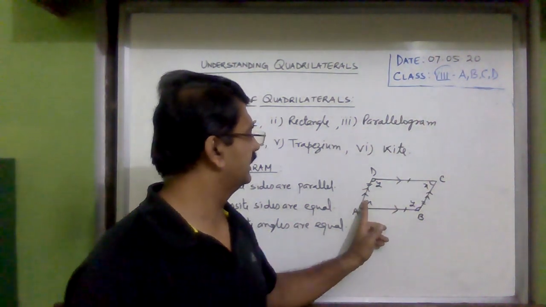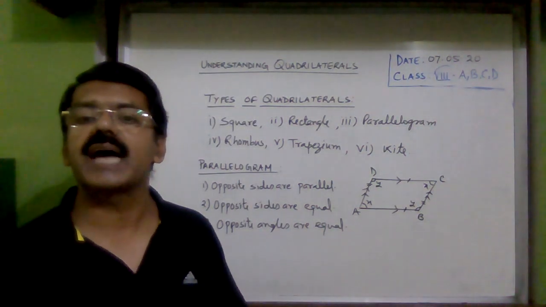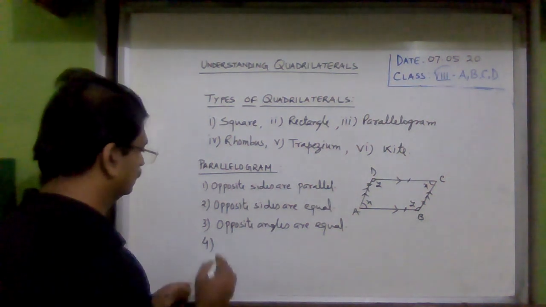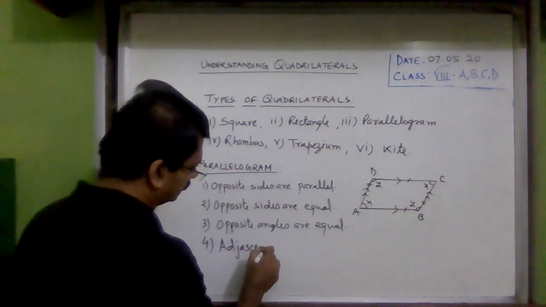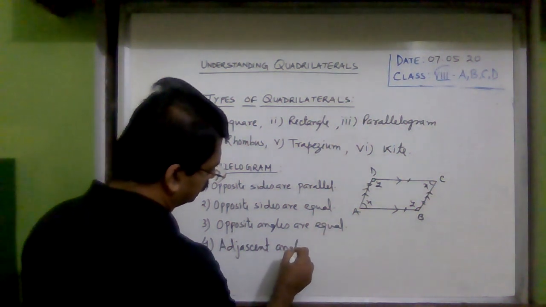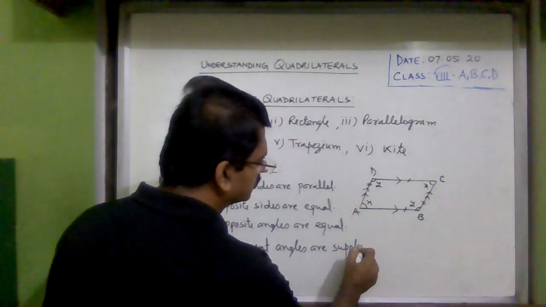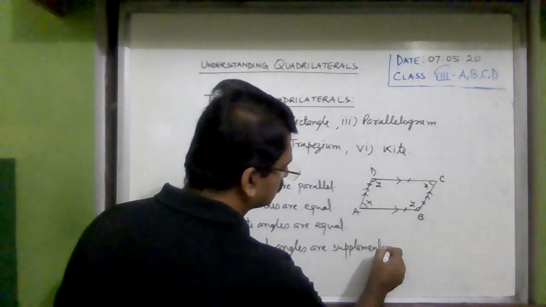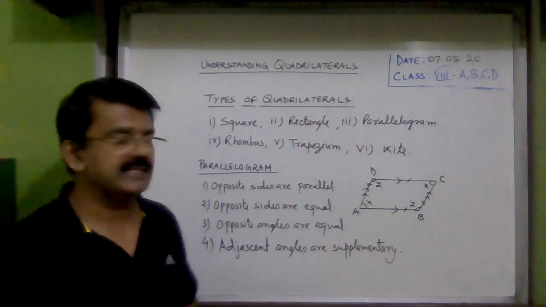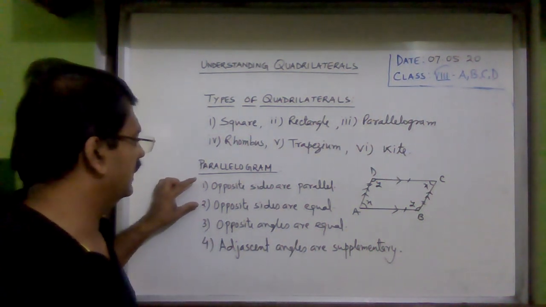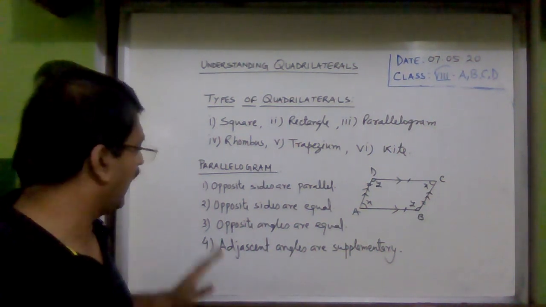This plus this is 180, this plus this is 180. Okay, so the adjacent angles are supplementary. These are the properties of sides. These are the properties of angles.